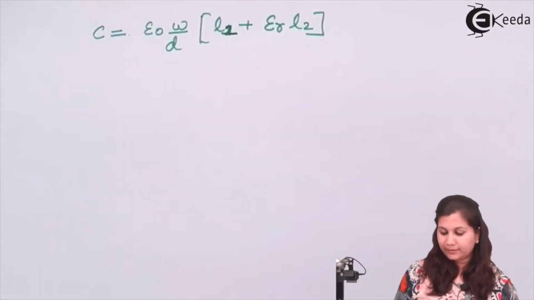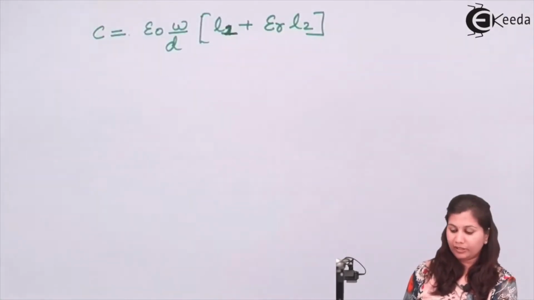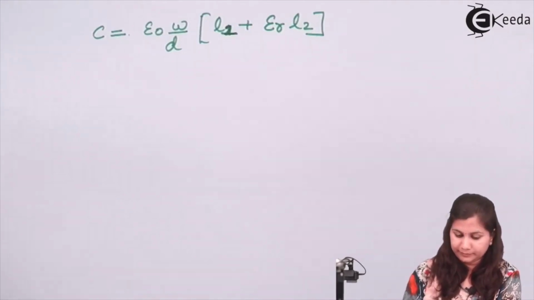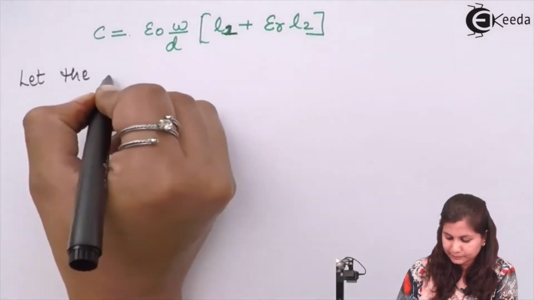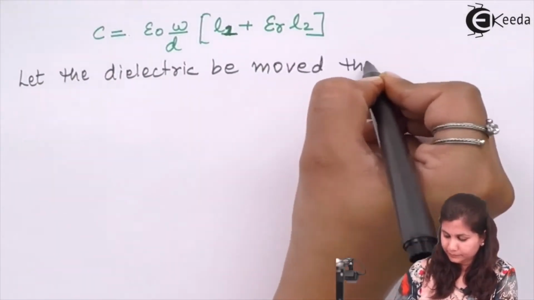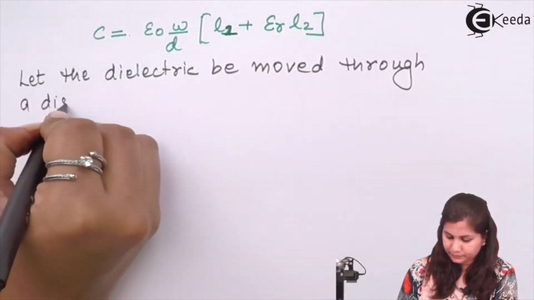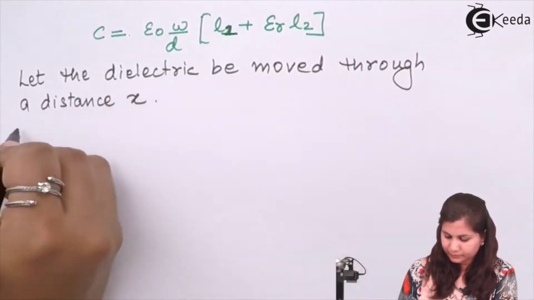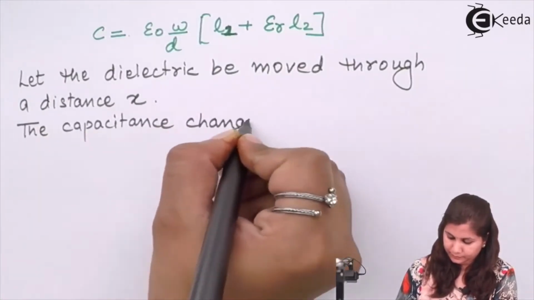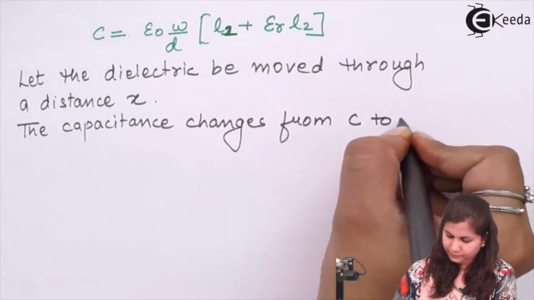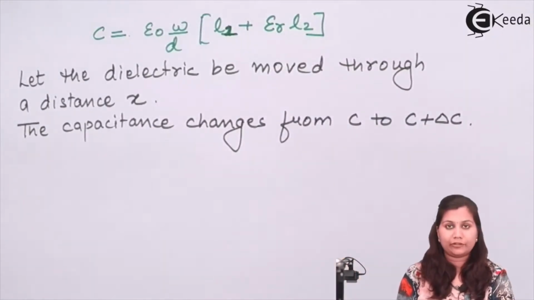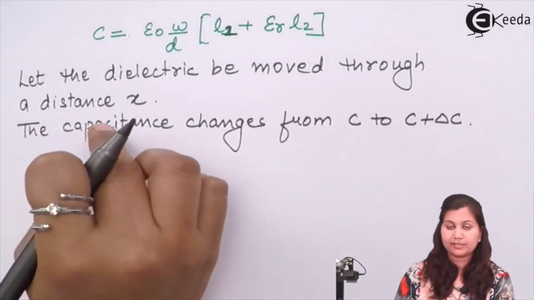Now suppose that a displacement is being given to this capacitor arrangement. Let us suppose that this dielectric is being moved through a distance x.